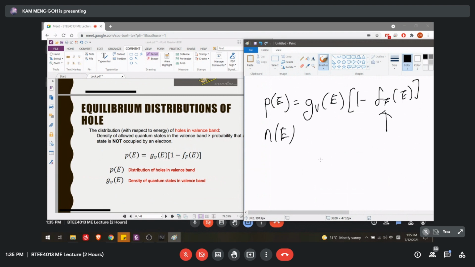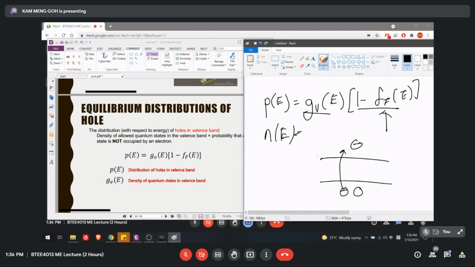But when you know that if an electron jumps to here, there will be 1 electron and here is 1 hole. The probability of finding the hole is using this. So we just use g(V) multiplied by this, then you can get your distribution of the holes.